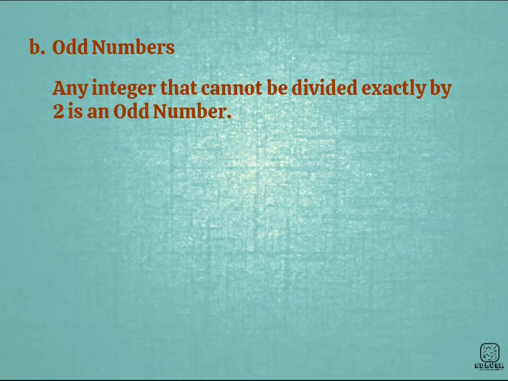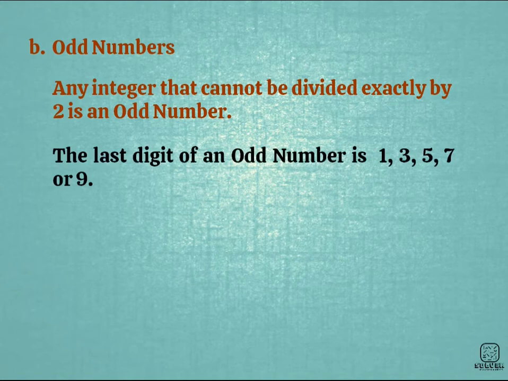Next, odd numbers. Any integer that cannot be divided exactly by 2 is an odd number. The last digit of an odd number is 1, 3, 5, 7 or 9. Any one of these digits can be the last digit of an odd number.